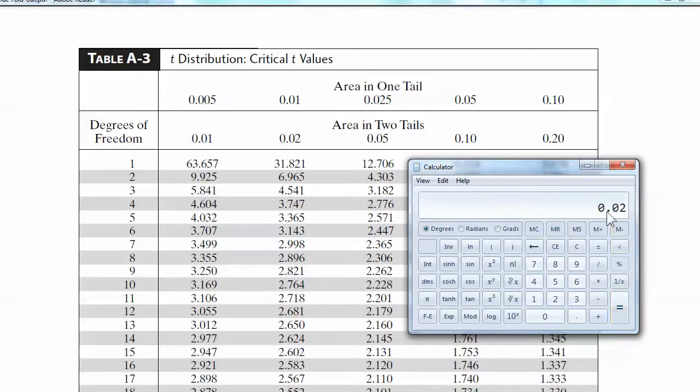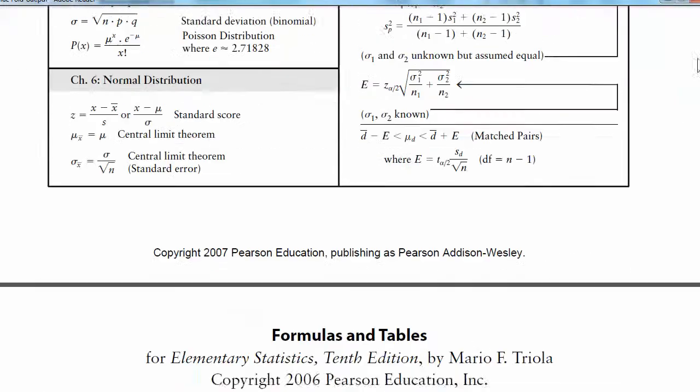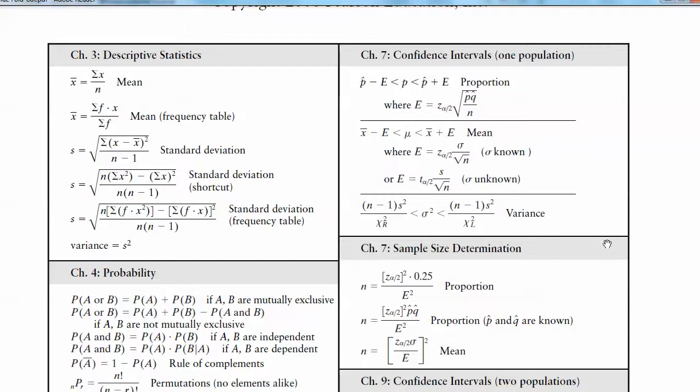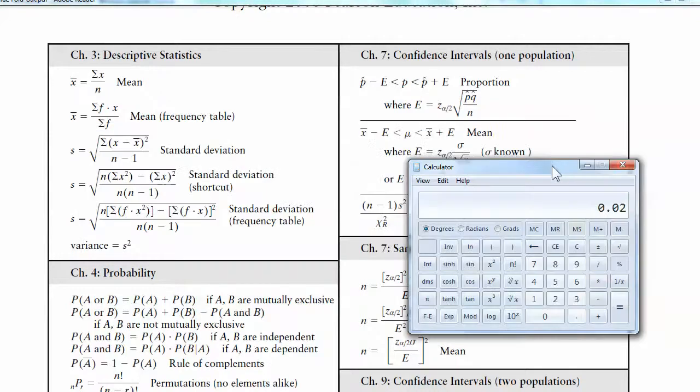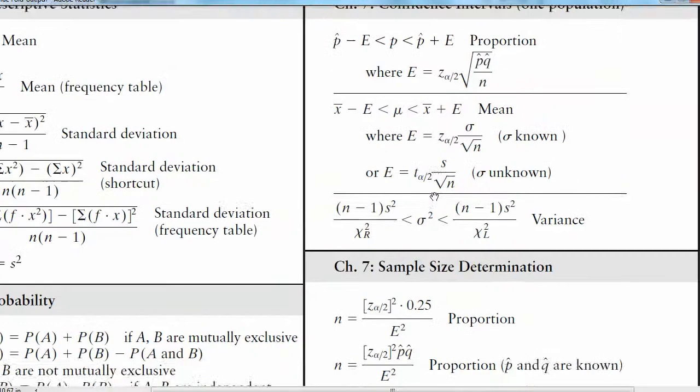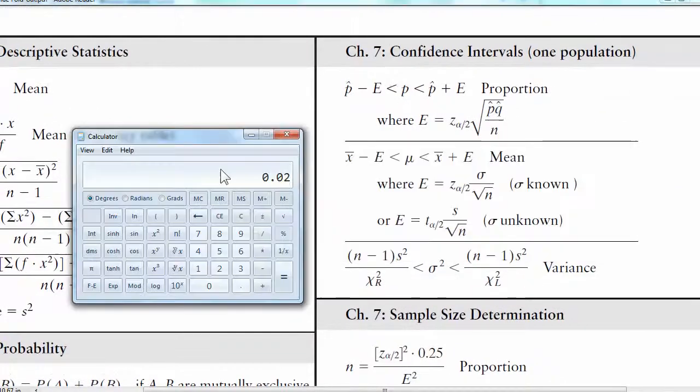Now, what's that called? Do you remember? That's called alpha, right? That's your significance level. In fact, let me scroll back up here to what I'm showing you in notation, what I'm calculating. By the way, alpha, that symbol right there, is also on your symbols page.